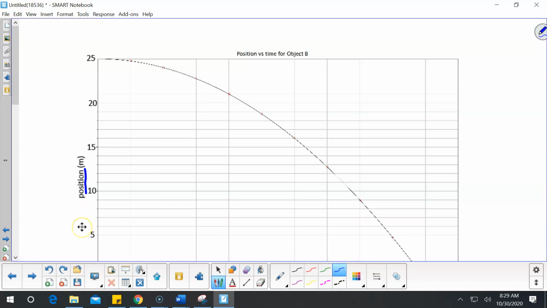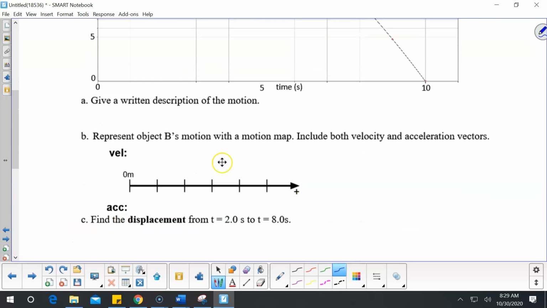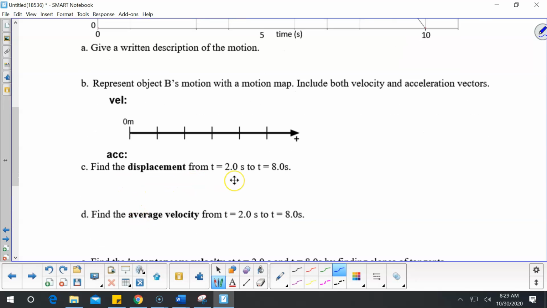This is also a position versus time graph. And it is showing an object moving, and it's accelerating because we have a curved line on it again. Now, they're asking you down below to do these motion maps, and then they want you to find the displacement.